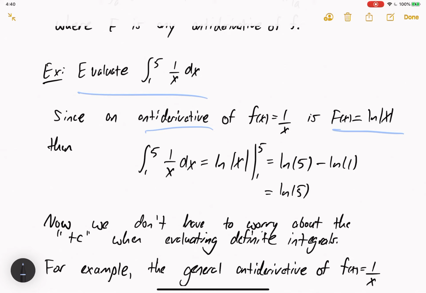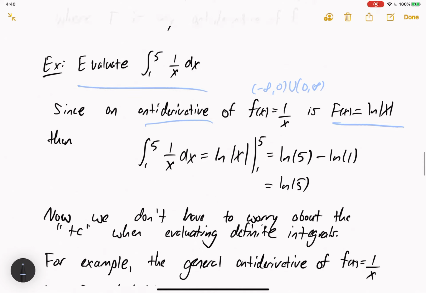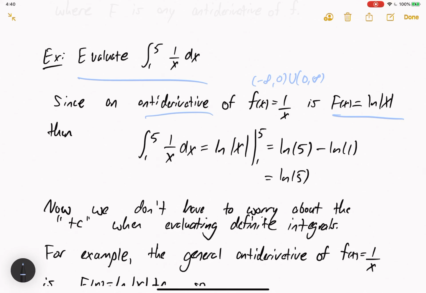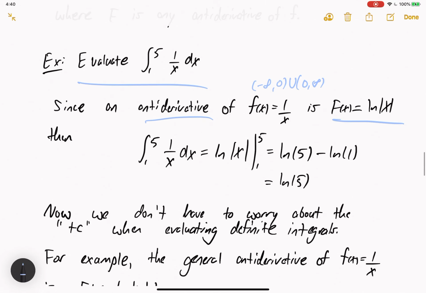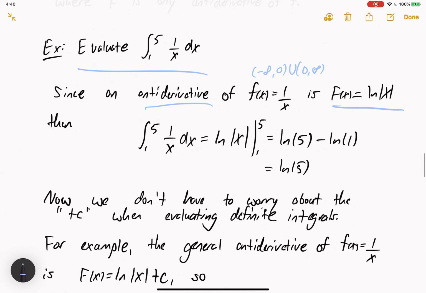And again, it's absolute value because this is defined from negative infinity to 0, union 0 to infinity. The fact it's defined on a weird set doesn't matter, because we only care about it from 1 to 5. So whenever capital F of x is equal to the ln of the absolute value of x, that's an antiderivative.